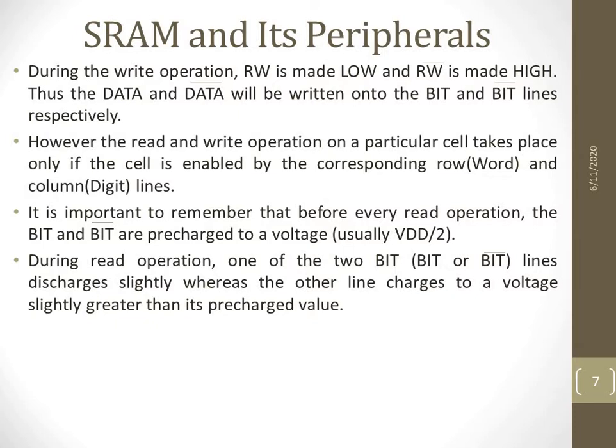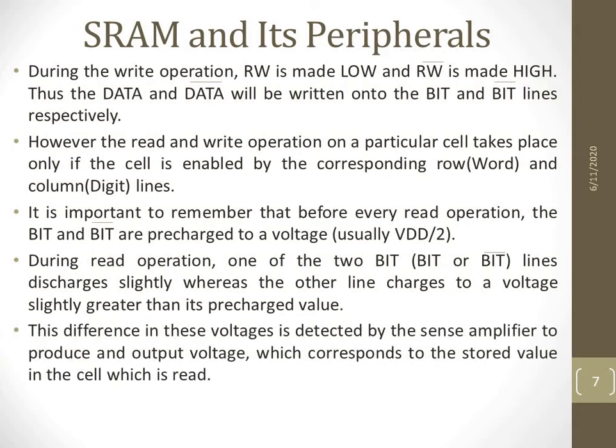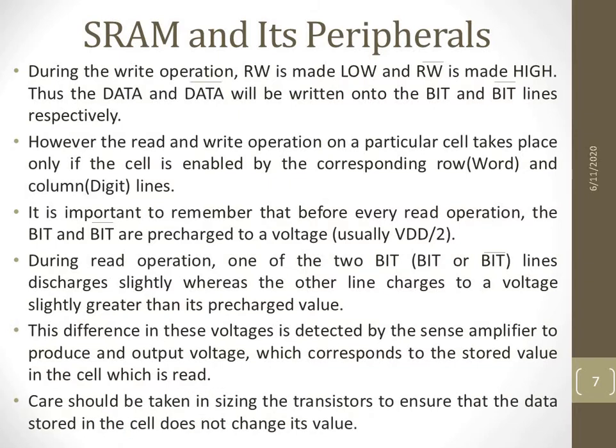That means if bit goes low, then bit bar will slightly move to a higher value, or if bit goes high, then bit bar will slightly discharge. This difference in these voltages is detected by the sense amplifier to produce an output voltage which corresponds to the stored value in the cell, which is read.